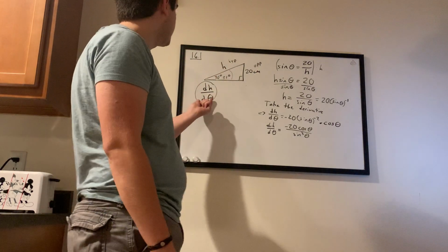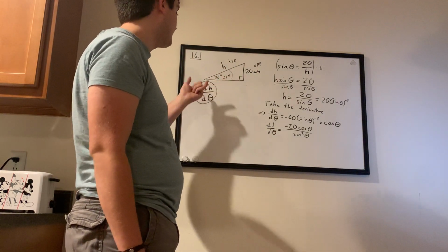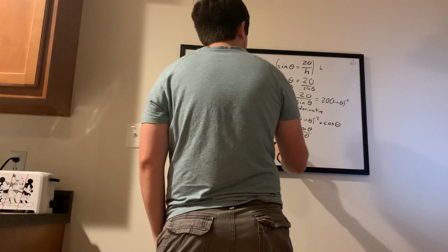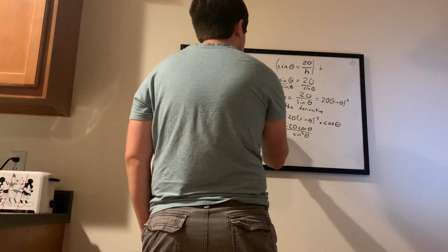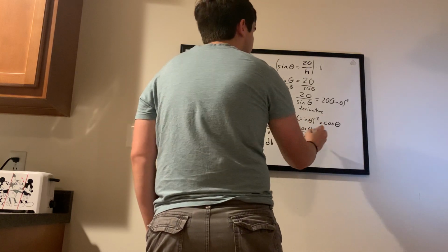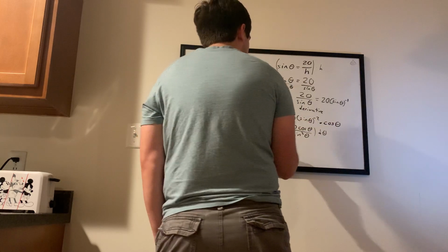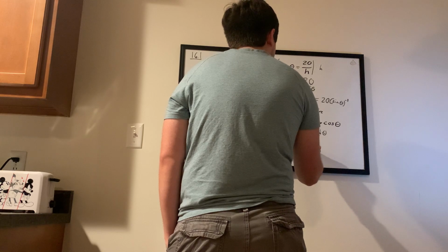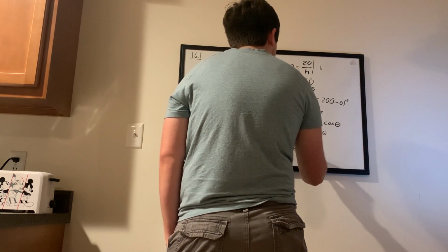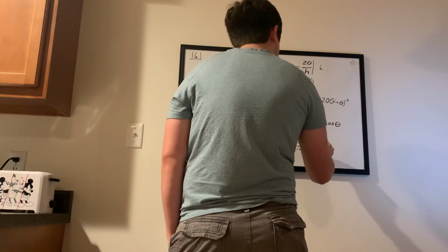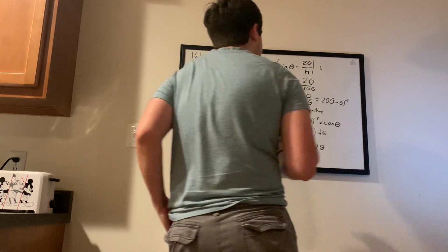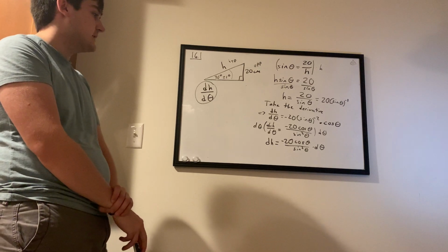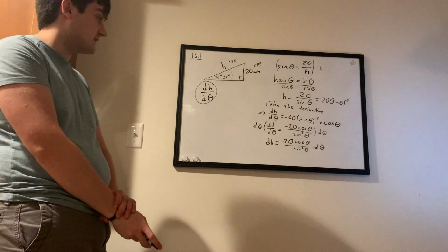We know the change in theta, d theta, which is this 1 degree, but I want to find dh. So I multiply d theta to both sides, because that's the error of theta. I get dh is negative 20 times the cosine of theta over sine squared theta times d theta. Just like that. That's a good start. Now we just have to worry about plugging things in.